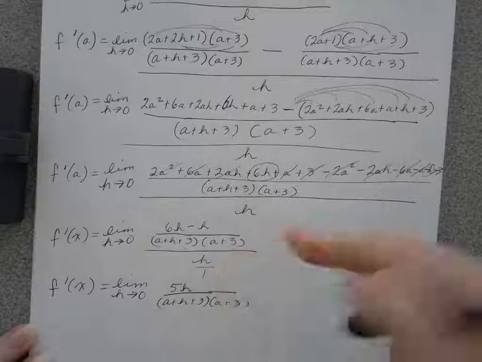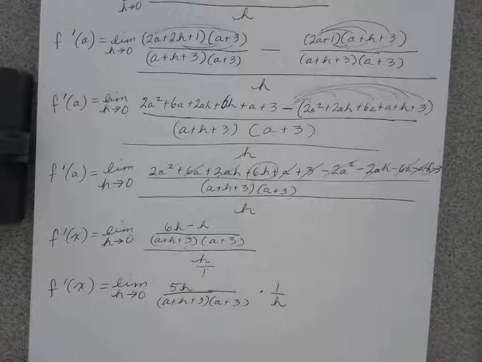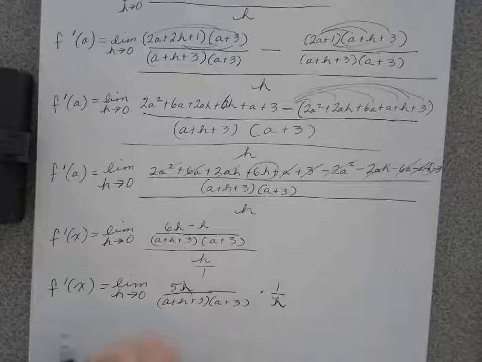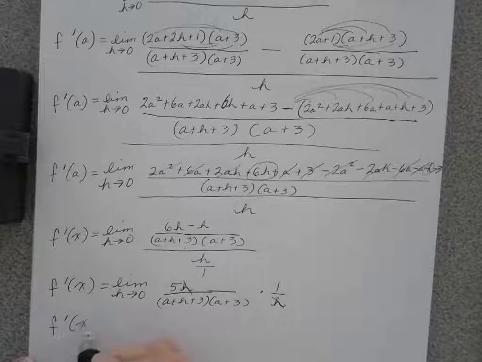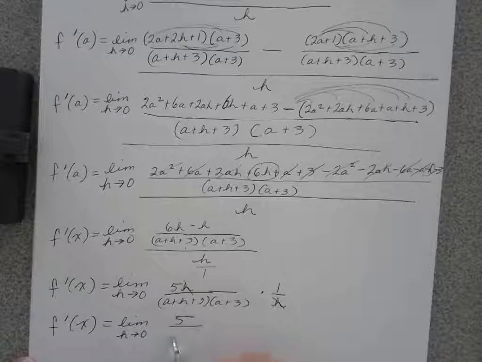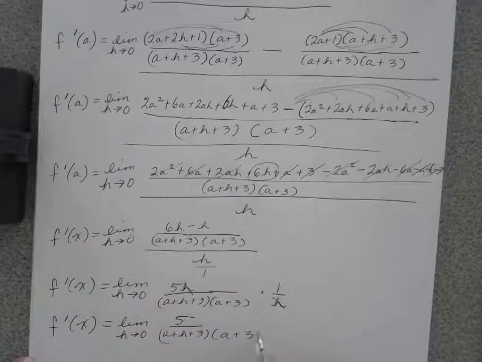And then I'm flipping and multiplying that bottom fraction to get 1 over h. So the h's are going to divide out, leaving me with the limit as h approaches 0 of 5 over a plus h plus 3 times a plus 3.